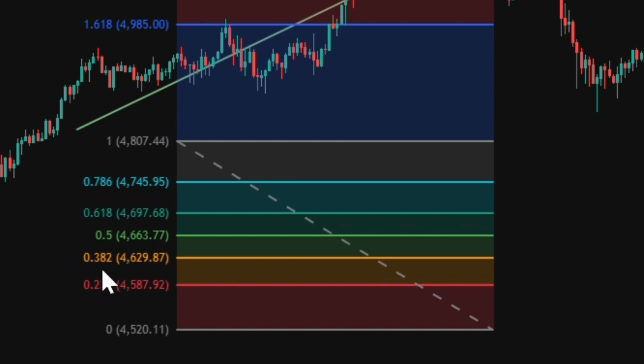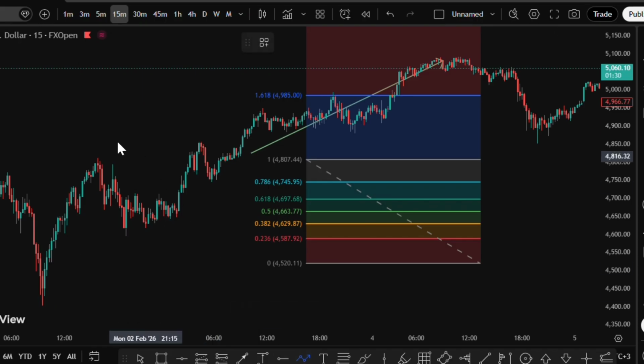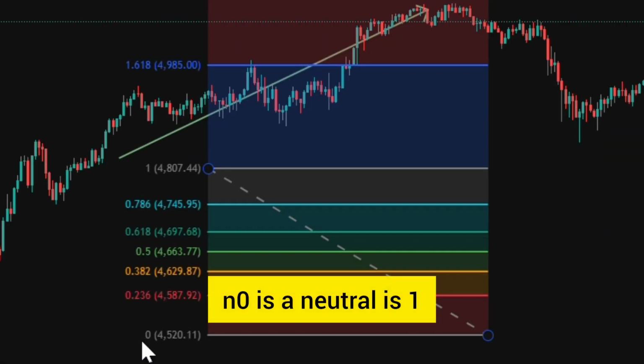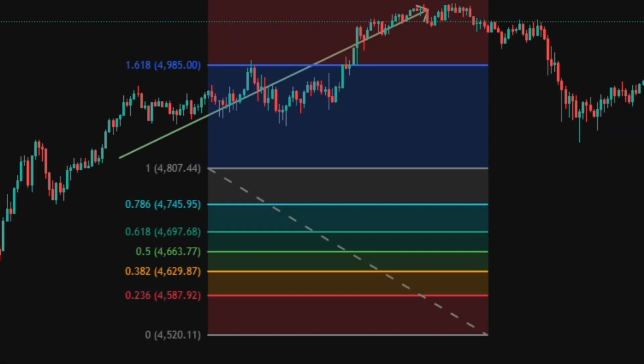If price has not reached the 0.382, that means, for example, let's say price has made a high, it must reach 0.382 for it to be considered a low. Then a high. But if price reaches 0.236, it is not considered a low, especially on lower time frames. Okay, then 0 is neutral, it is 1.